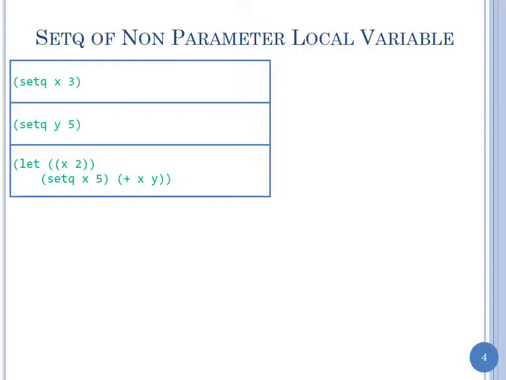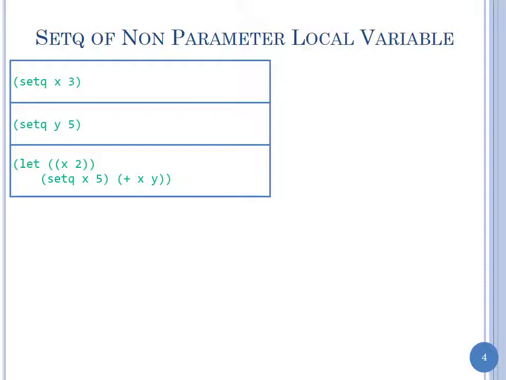Okay, how about this? I have setq x 5 plus 5 in a let. So there are three scopes now: the global scope, the let scope, and the lambda scope. I've got let x 2, setq x 5 plus x y as the let expression.